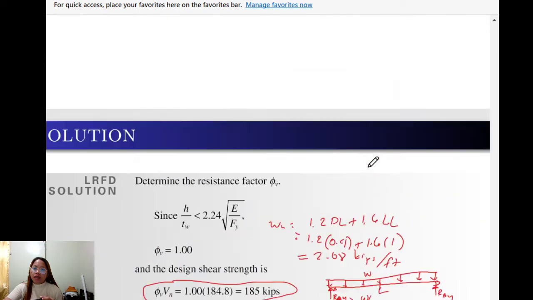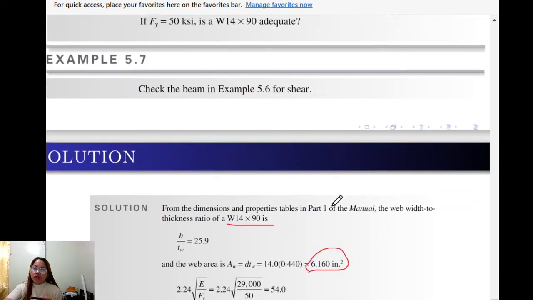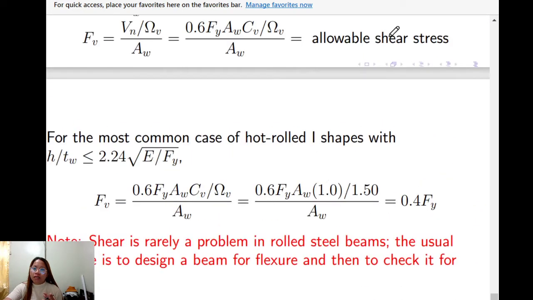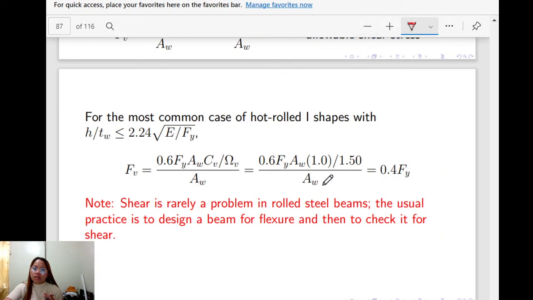And remember that we arrived at this 0.4 times the tensile stress of steel for the most common case of hot rolled I shapes.